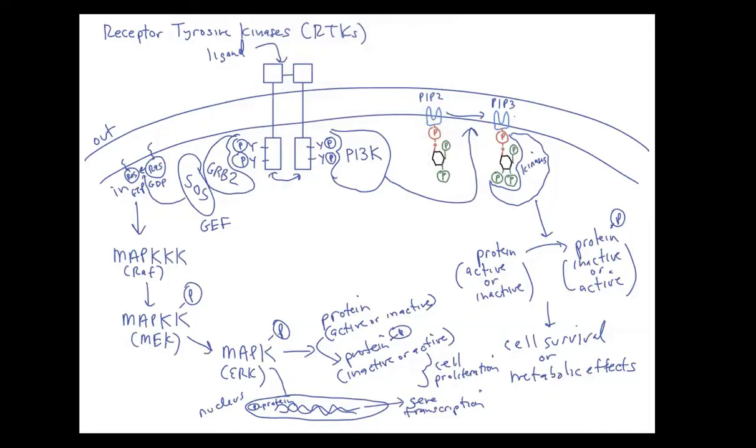Now, what about turning the pathway off? We have to think about that. And the way that the pathway is going to turn off would be done in a similar fashion that we discussed in other videos. The ligand can unbind and just diffuse away. That's always going to be true.